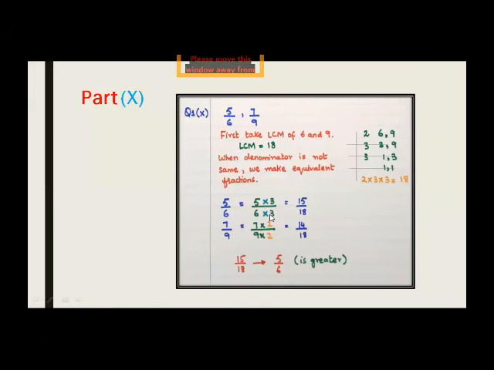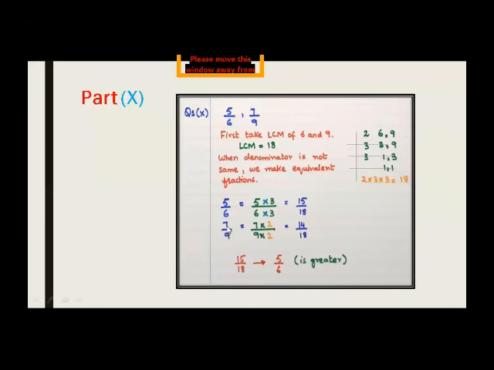We do not multiply only in the denominator; we will multiply in the numerator as well. This is the process of the equivalent fraction. Whatever you do in the denominator, you have to repeat that process in the numerator. So we'll multiply this fraction 5 upon 6 by 3. So 5 3s are 15 and 6 3s are 18.